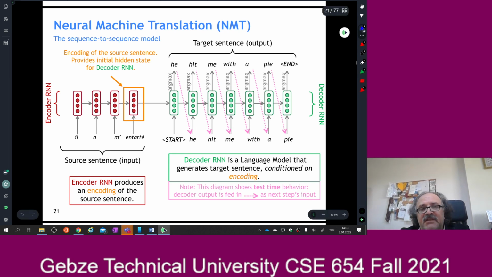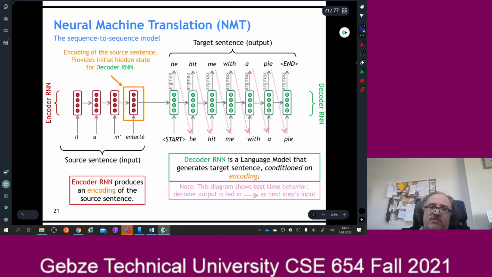After the last word we input, I take the RNN's internal state, and I feed this internal state to a decoder network.